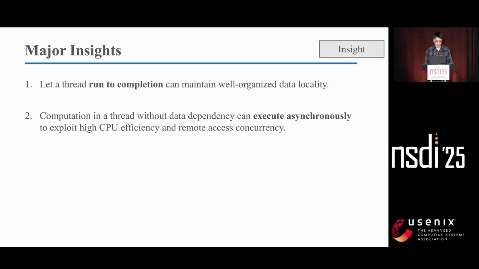First, letting a thread run to completion can maintain well-organized data locality. And second, computation in one thread without data dependency can execute asynchronously to exploit high CPU efficiency and remote access concurrency.